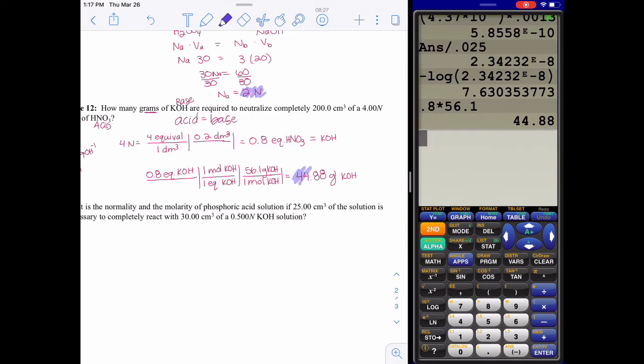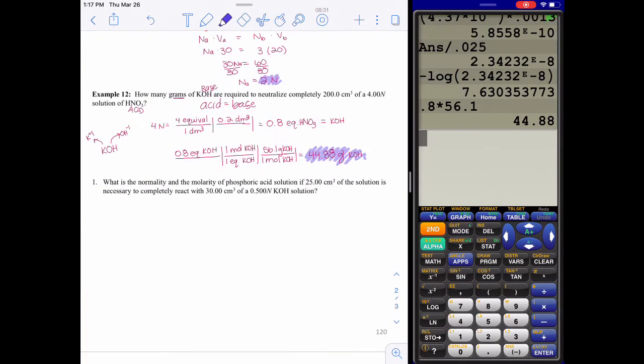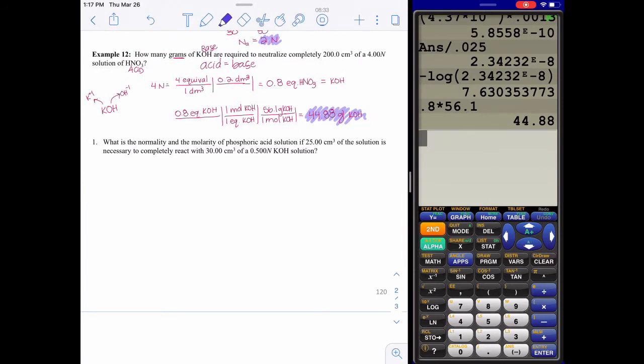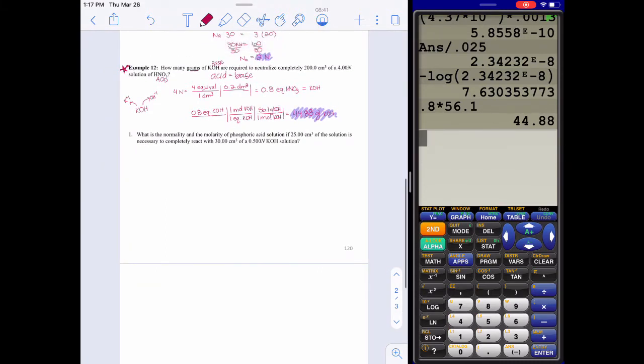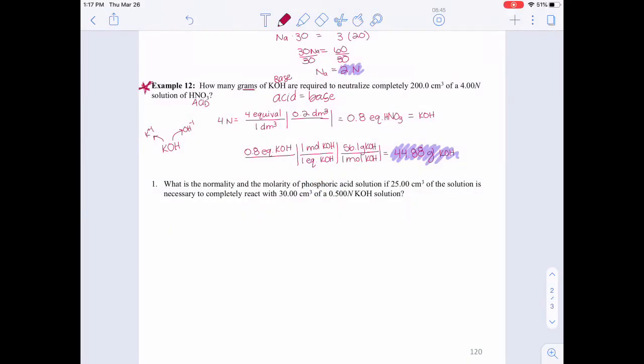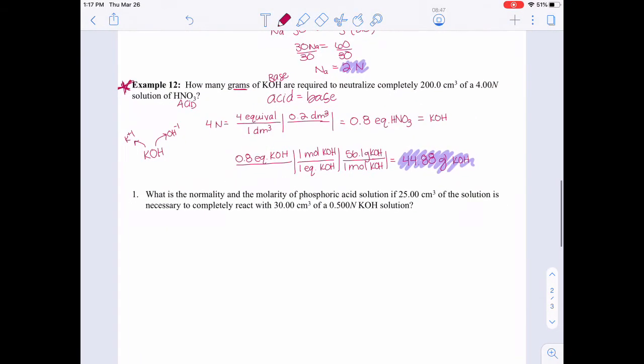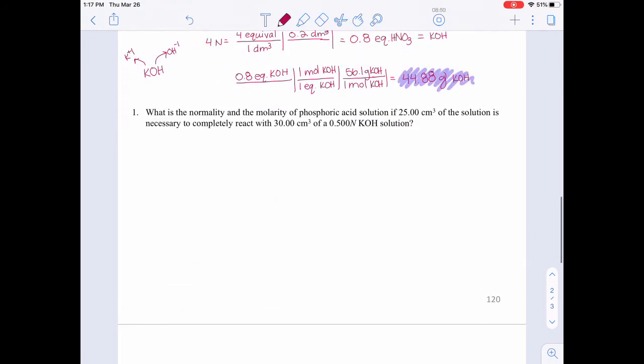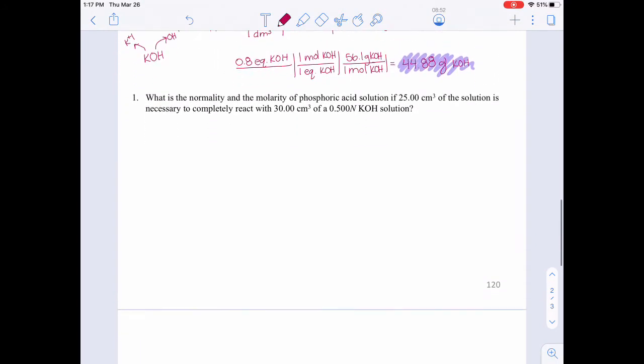Sorry, I had to think about that process just a little bit to figure that one out. So this one did not actually use that equation. We reverted back and did stoichiometry to solve that one. All right, the next problem.